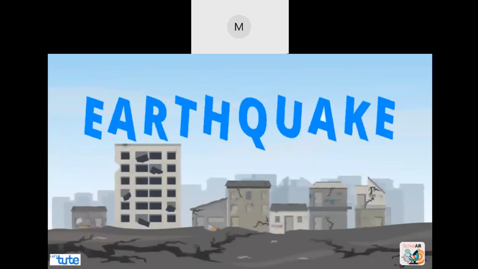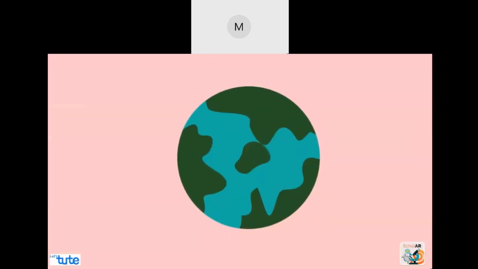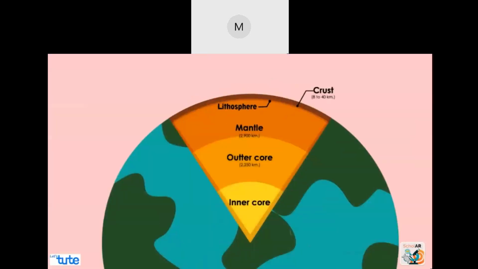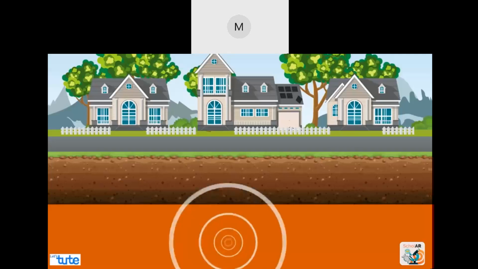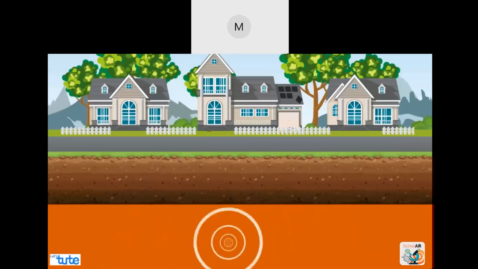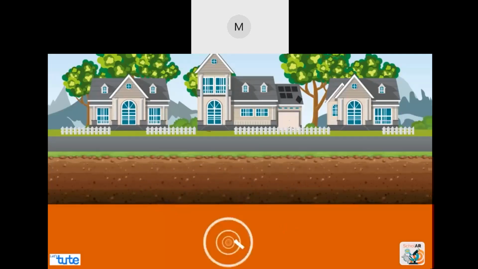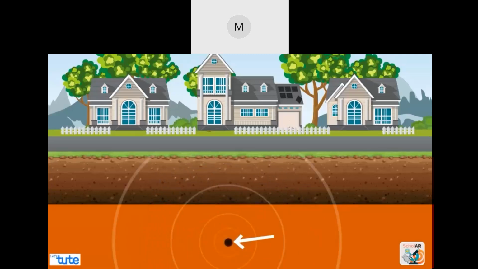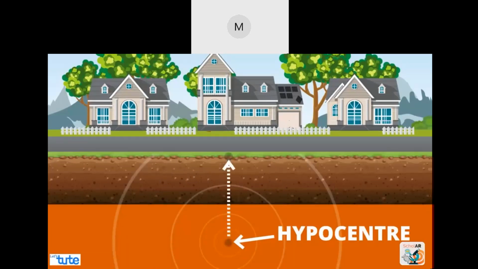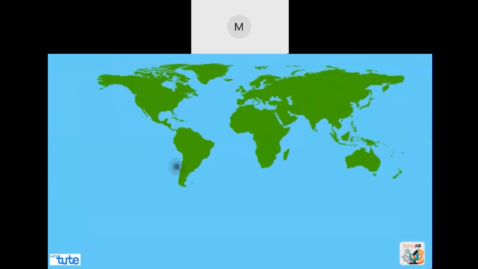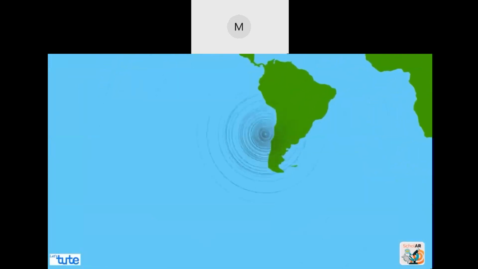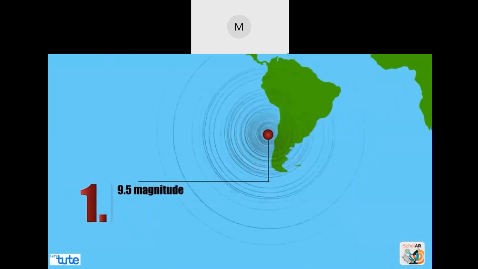That's called an earthquake. Earthquakes occur in the lithosphere region of the earth. An earthquake generates underneath the earth and this releases energy across. The point at which the earthquake occurs under the earth is called the hypocenter, and the exact place above it at the surface of the earth is called the epicenter. The most horrifying earthquake recorded till date was of magnitude 9.5 out of 10.